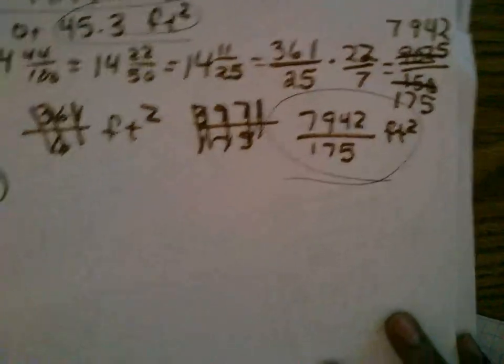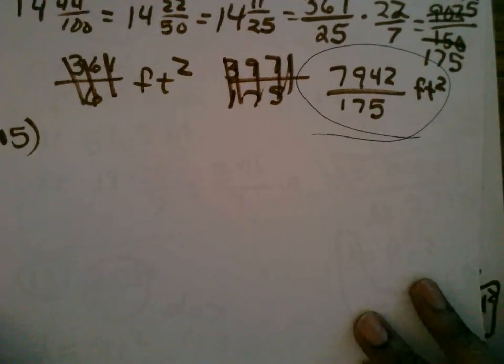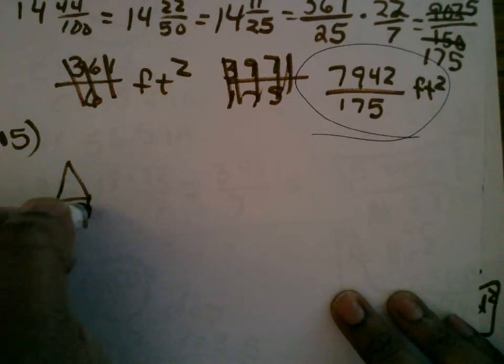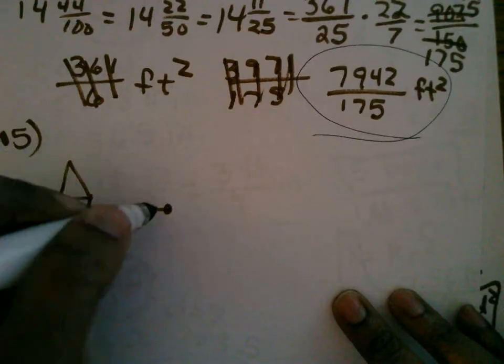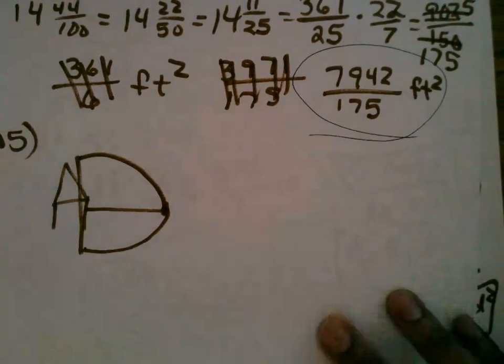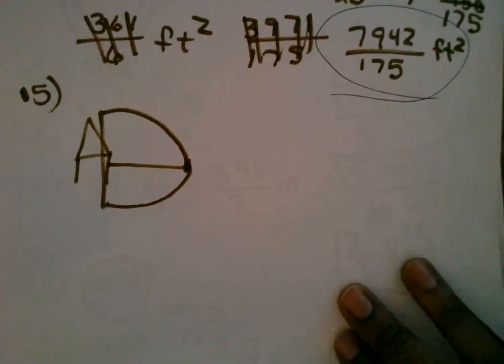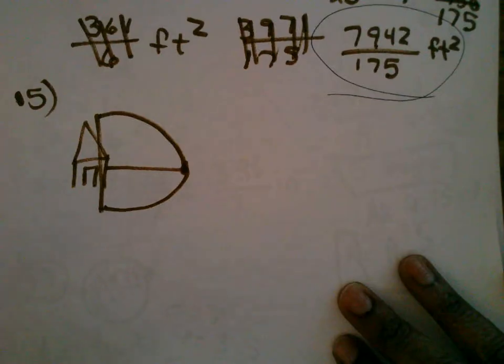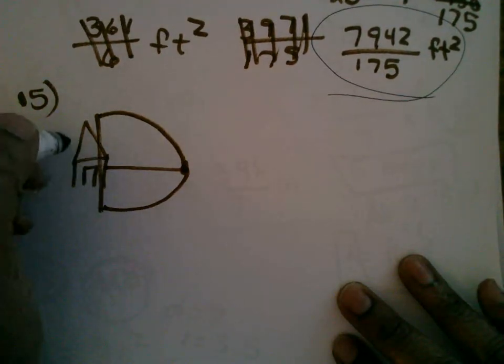All right, 15 and 16 are related because they are talking about a dog pen. Here's a little dog house. He's tied to a little chain, and he can go in a circle, but it's a semicircle. The diameter is 14 feet.